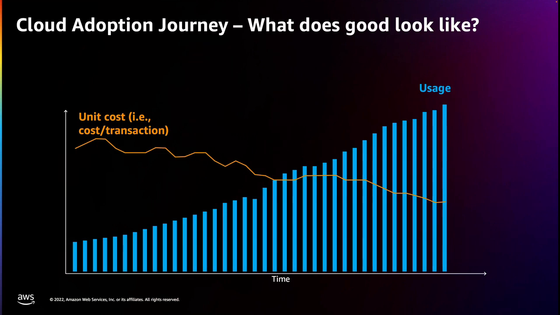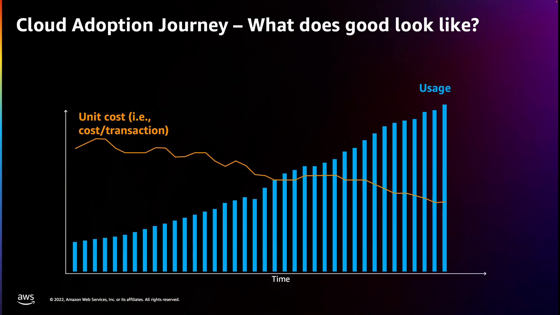To address this, we recommend customers to introduce a metric which is called unit cost, right? It's a metric where you can measure a cost per your business transaction, per your business unit. It could be from different domains. It could be a bank transaction if you're in the financial sector. It could be cost per booking if you, for example, are in the hotel business.